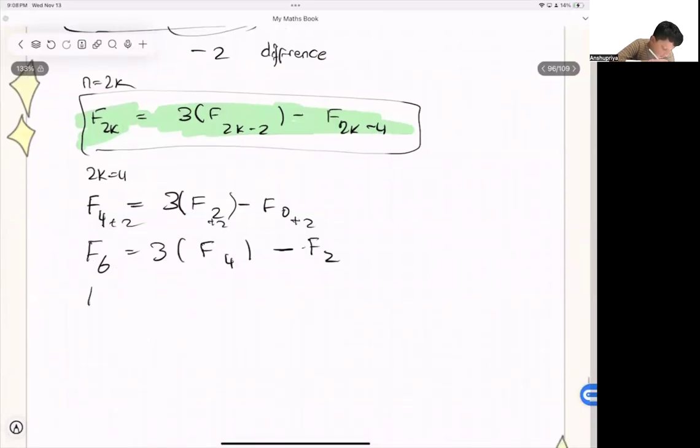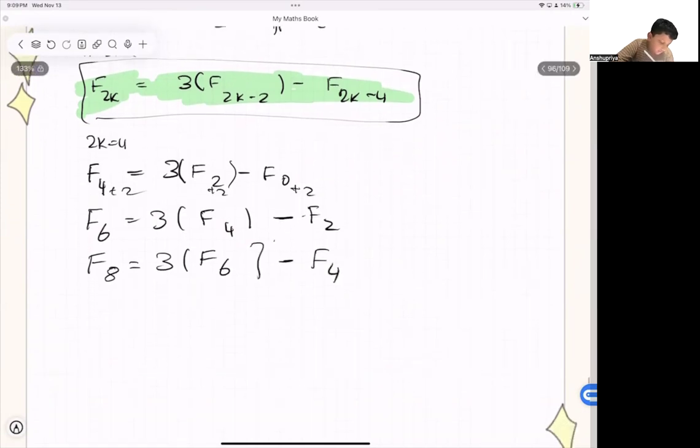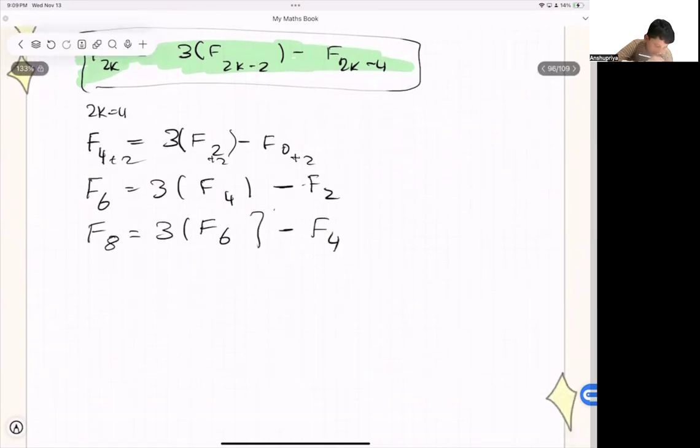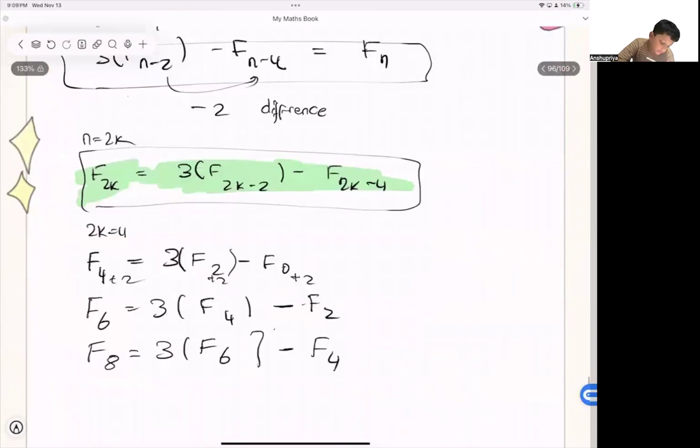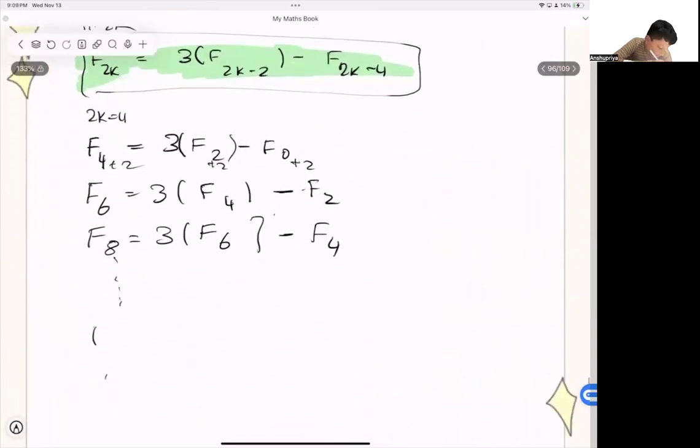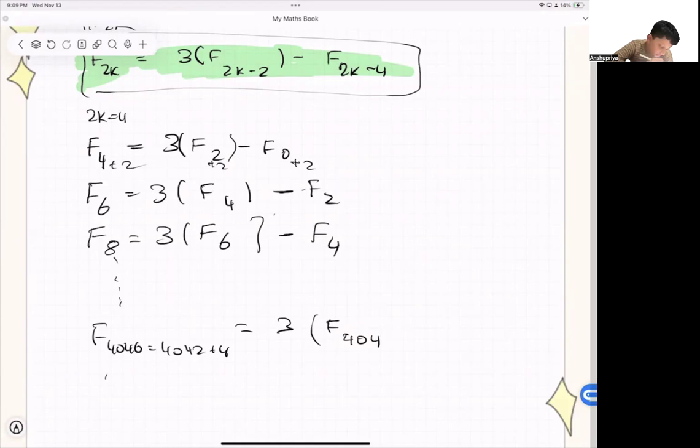Then can I put F8 is equal to 3F6 minus F4, right? So now what I will do is that this dot dot F4046 is 4042 plus 4, equal to 3F4042 plus 2.